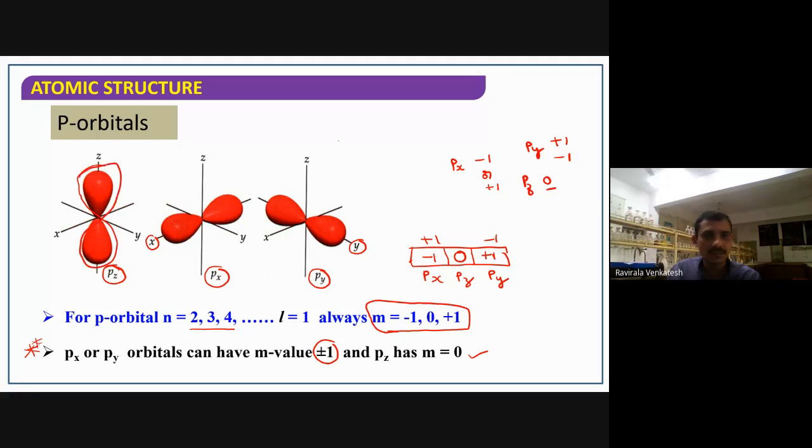The shape of the orbital shows where the probability of finding the electron is maximum. When you draw the diagram, wherever the probability of the electron is maximum, you get the dumbbell shape, here on the z-axis. In this way they have directions, that means they have 3-dimensional directions.